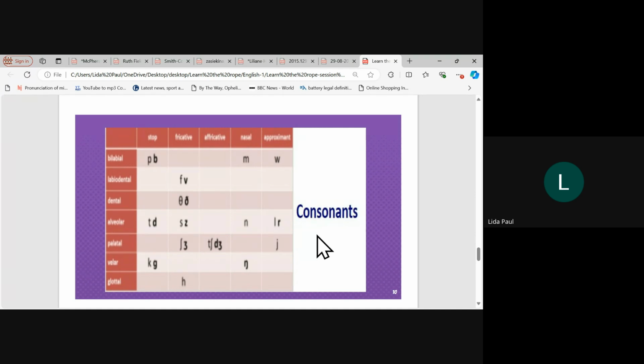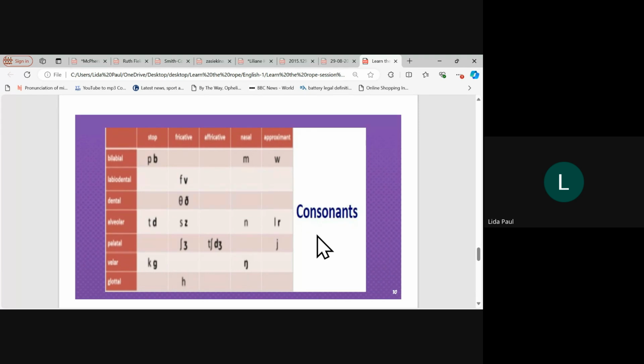There's a sudden release of the air, so it almost resembles an explosion process. There's a pressure buildup and then it's suddenly released after holding it for a fraction of a second. This is how you have stops.